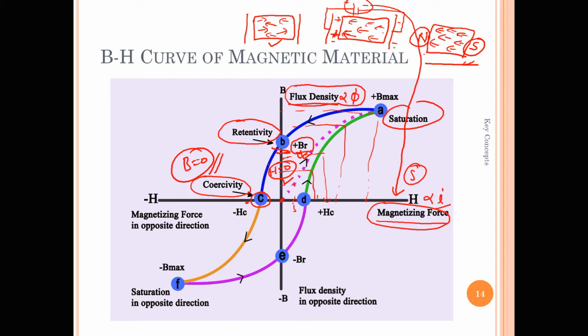It acts like the primary stage, as it initially did. This is possible only when you provide a negative magnetizing force, or current, to the magnet. Once you provide the negative current, the magnet gets demagnetized.